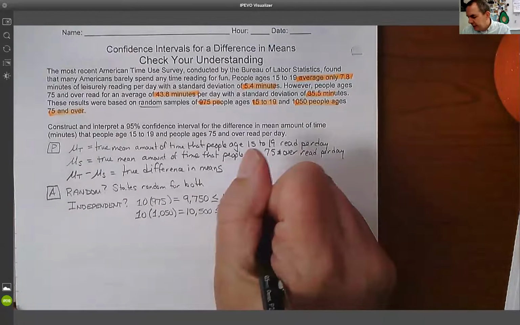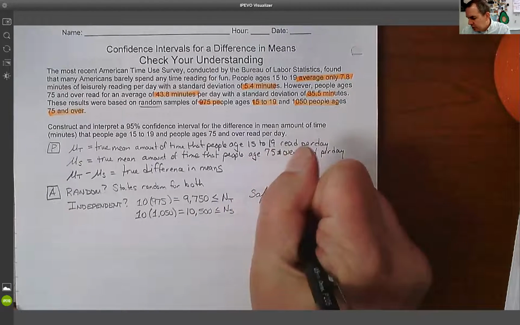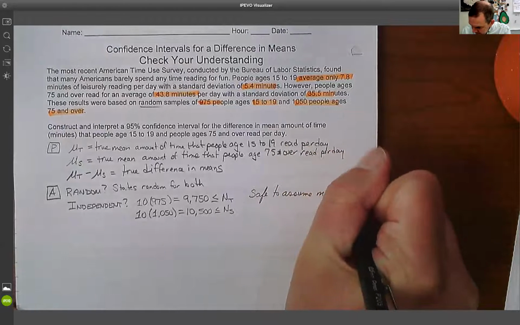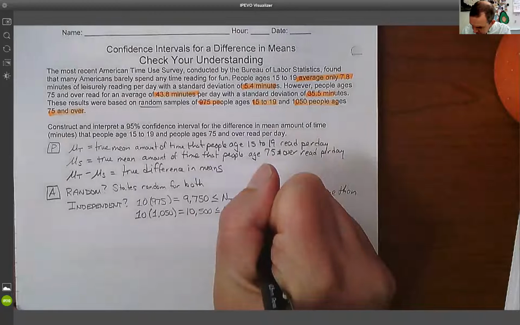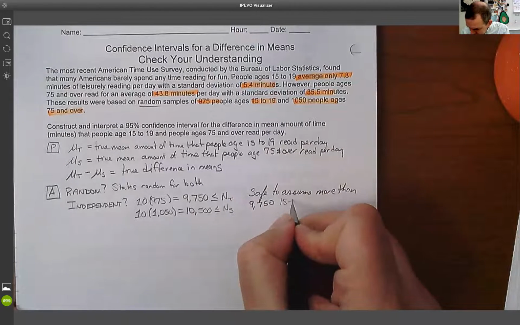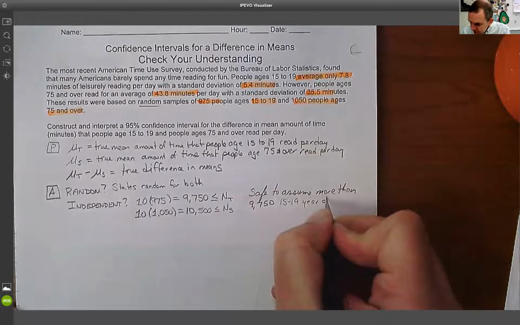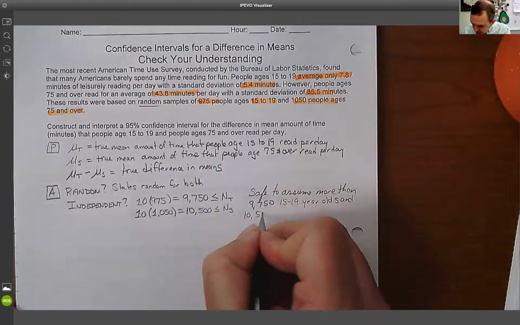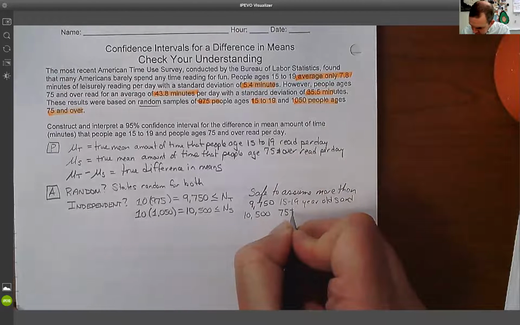And we are going to say that it's safe to assume there are more than 9,750 15 to 19-year-olds and more than 10,000 75 plus year olds.